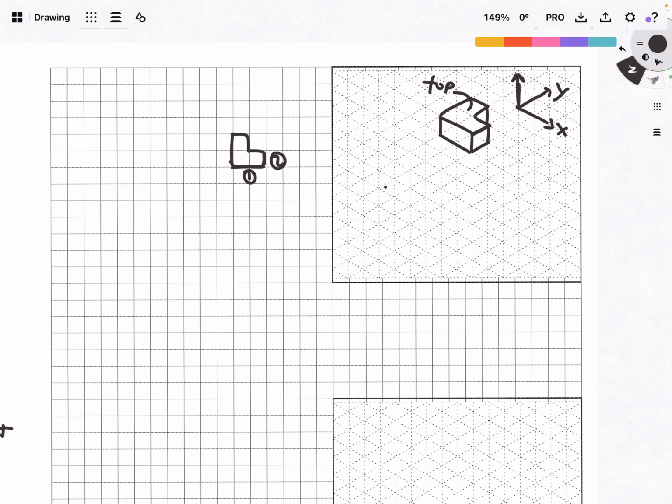So I actually took 4 steps to do this. I identified my plane. In this case, it was the XY plane. I projected my shape onto that plane.